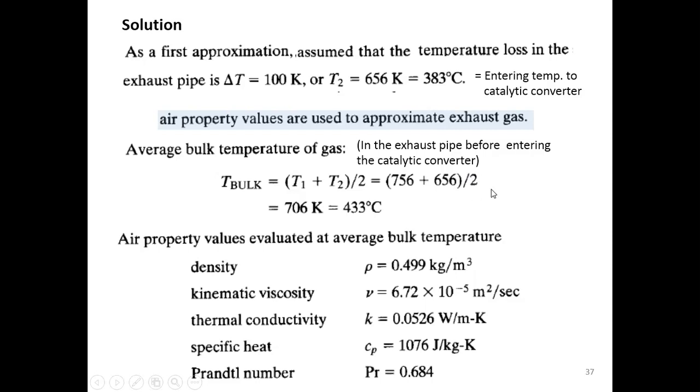Sum of these two divided by 2 gives the average bulk temperature of the exhaust gas, which is 433 degrees Celsius. We use this to find the property of the air, because we assume that our exhaust is air. So use this temperature to find other properties, such as density, kinematic viscosity, thermal conductivity, specific heat, and also the Prandtl number. You will see later on how we use this Prandtl number.